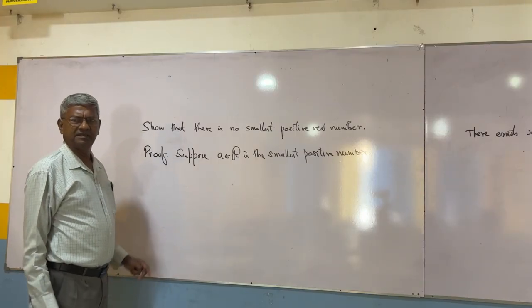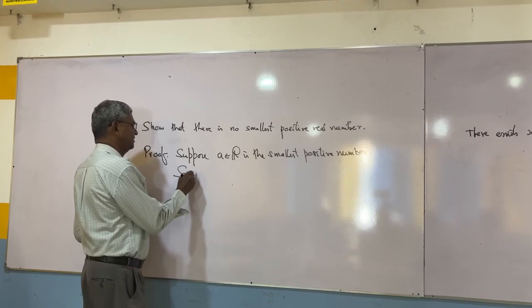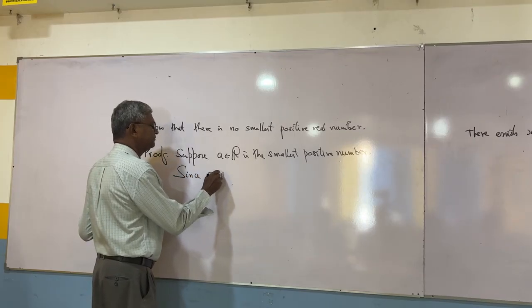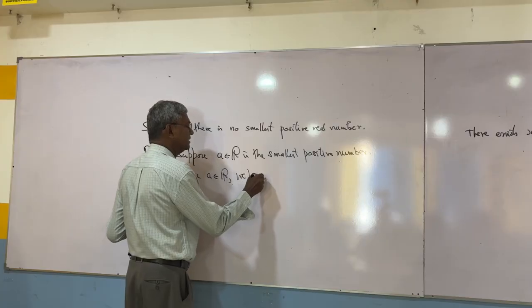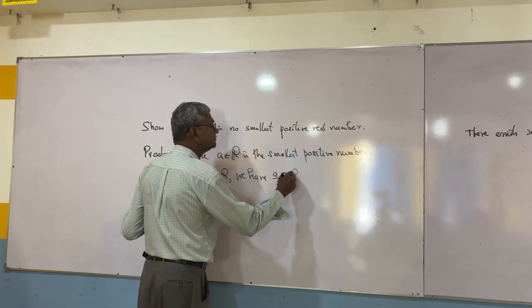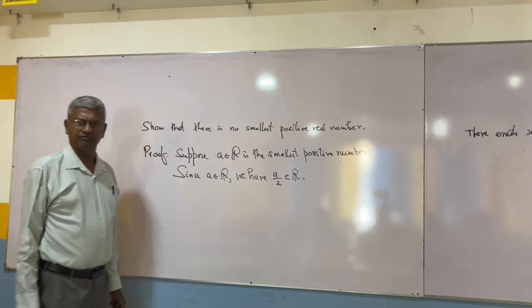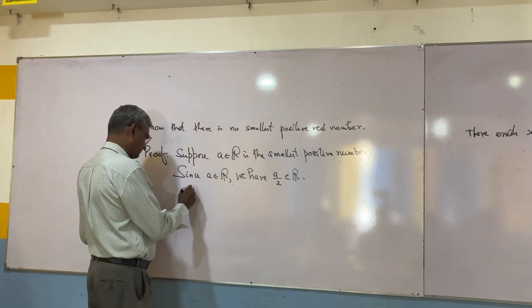Since a belongs to R, we have a over 2 also belongs to R. Observe that a is greater than a over 2.